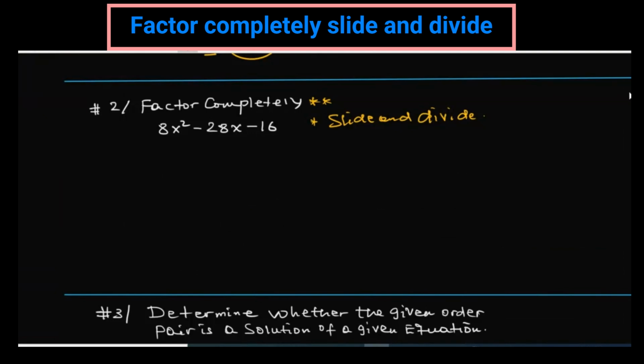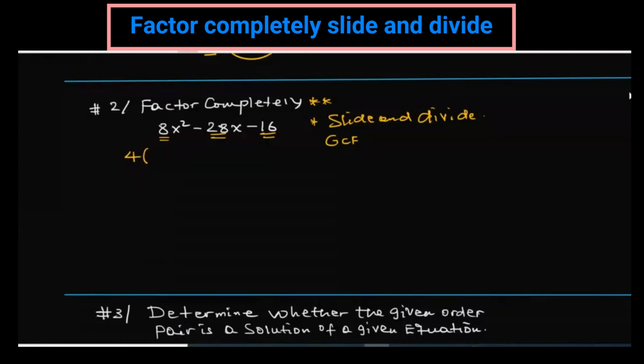Instead of dealing with these big numbers, this is 8, this is 28, this is 16, I don't have to deal with these large numbers immediately. I can simplify by using the GCF concept, the greatest common factor. If I think about 8, 28, and 16, the greatest common factor is just 4.